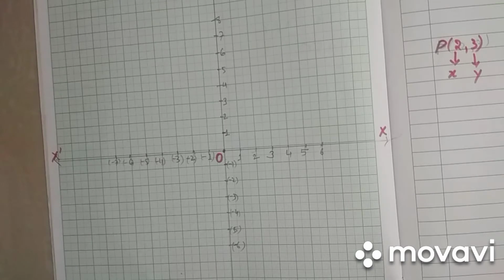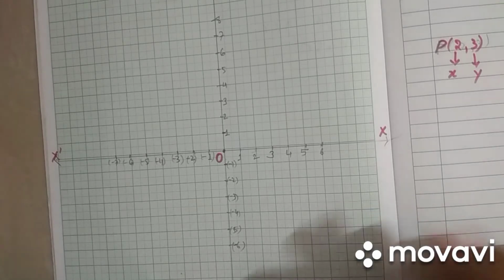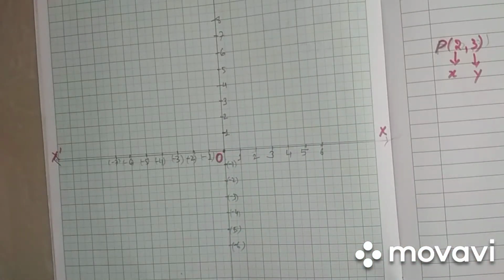And where the perpendicular lines drawn from both points intersect, that is my point P.